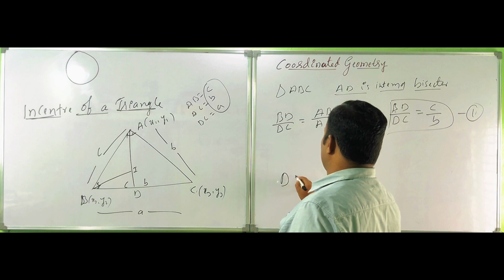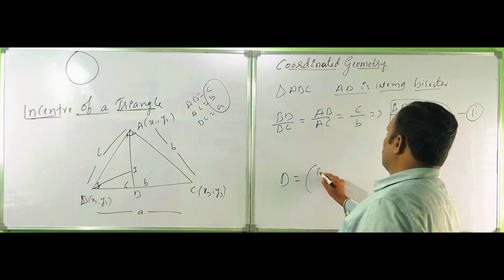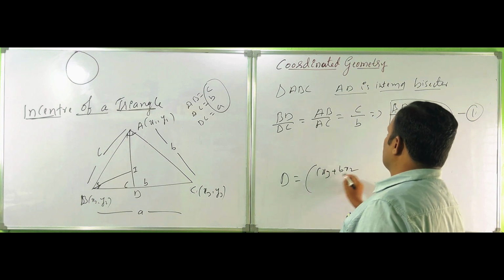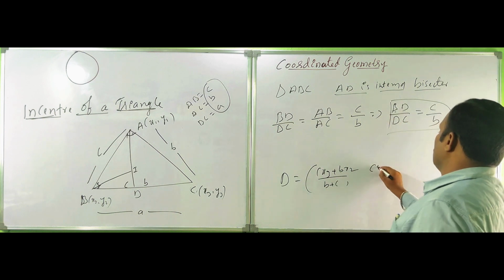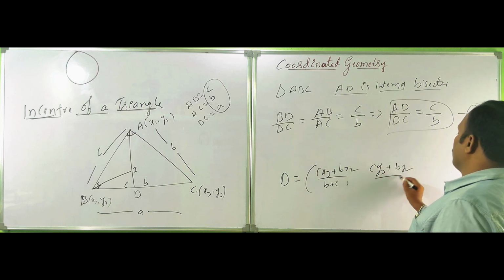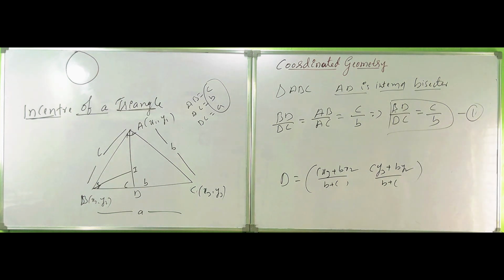Here the point by the section formula is (c x3 + b x2) divided by (b + c), and (c y3 + b y2) divided by (b + c). This is the section formula.